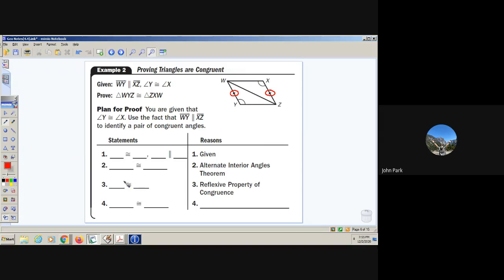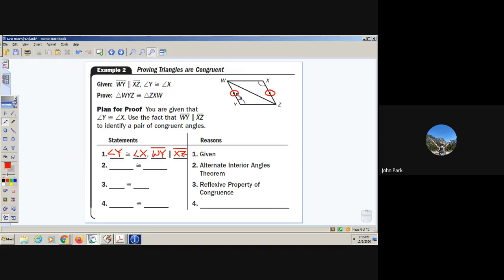So we just have to write down all the information here, starting with the given information. We're given that the angle y is congruent to angle x. And then we're given that the segment WY is parallel to segment XC. That's already indicated on the picture with the little arrow or the triangle.